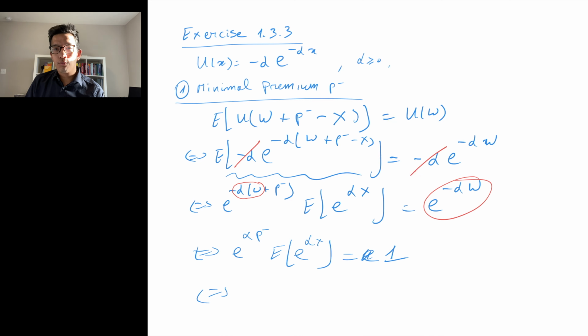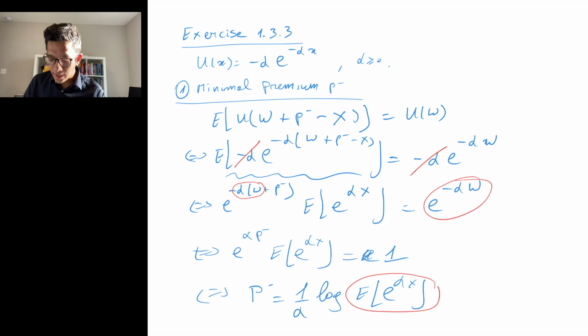And if you then solve for P minus, you get that P minus is equal to 1 over alpha, the logarithm of the expectation of e to the power alpha X. And then we recall that this expectation e to the power alpha X is the moment generating function m of the random variable X in alpha, which proves the result for the minimal premium.